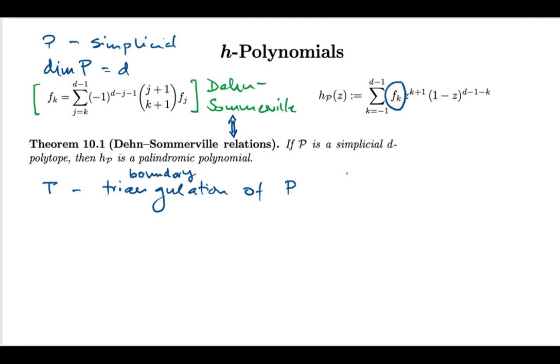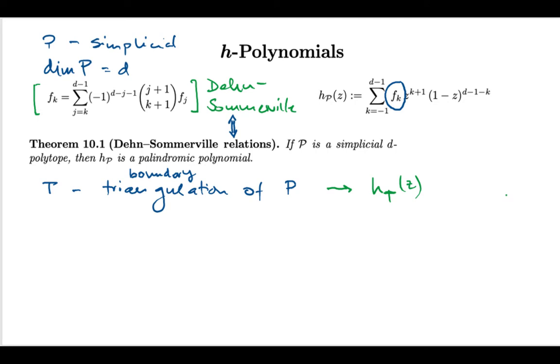And then for boundary triangulations, I can again compute an h-polynomial. In fact, I can use exactly the definition that I used for polytopes. If you think of a boundary triangulation, that's a collection of simplices. I can compute the number of faces in each dimension. And because my simplices live in a boundary, the top dimension is d minus 1.